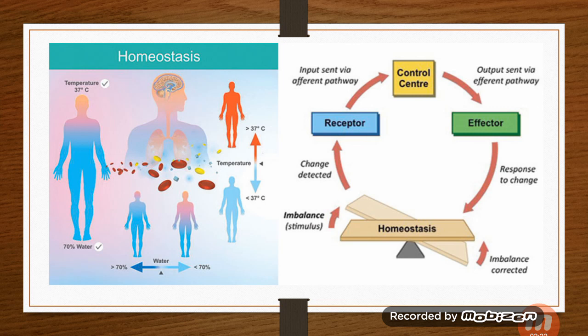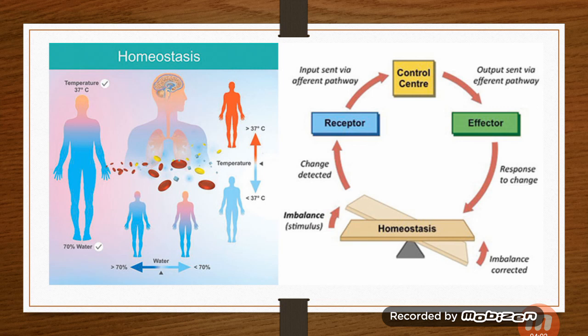For example, if there is any kind of change occurring in your body from the norm condition, that creates an imbalance. A norm is a set point or a conventional value.